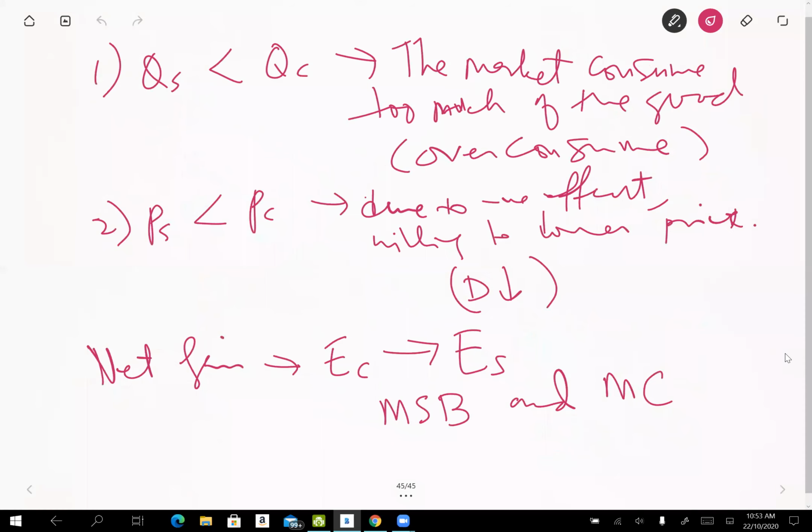So you see here, we start at QC. You see that the marginal cost is larger than the marginal social benefit. That means to produce one more unit of a good costs more than the additional benefit to the society.